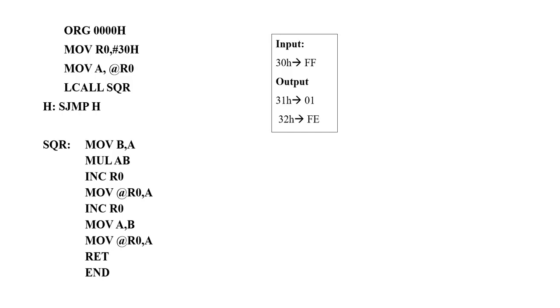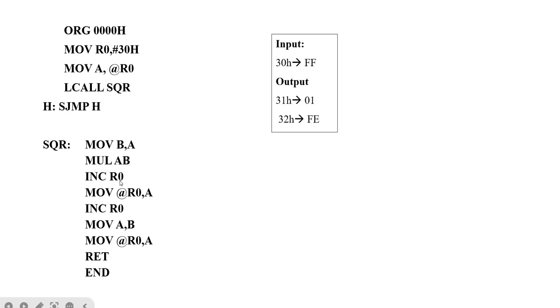So the accumulator value is copied into register B, and the multiplication instruction multiplies the contents of A and B, and the lower byte of the result is stored in A and the higher byte of the result is stored in B.